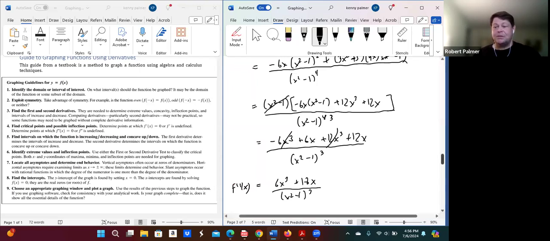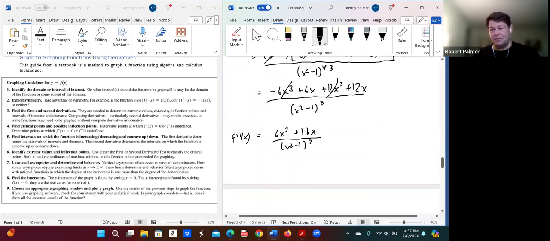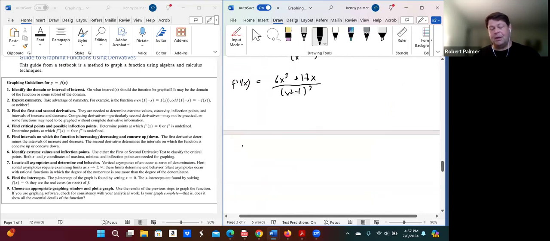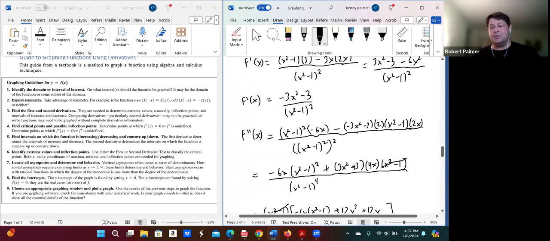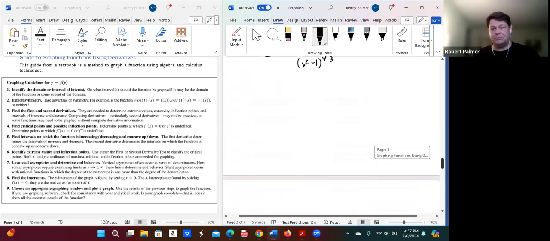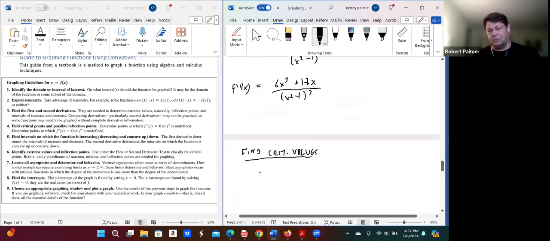Now let's think about finding our critical values. So set our first derivative equal to 0. Let's go back and get our first derivative: negative 3x squared minus 3 over x squared minus 1 squared is equal to 0.